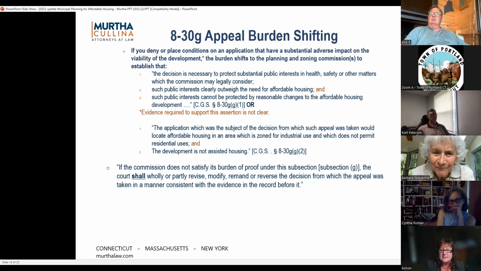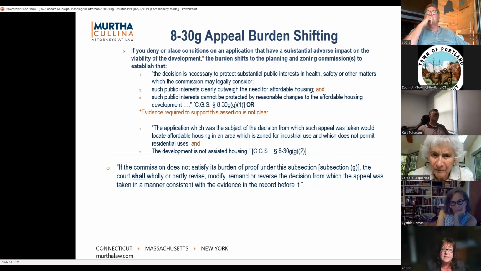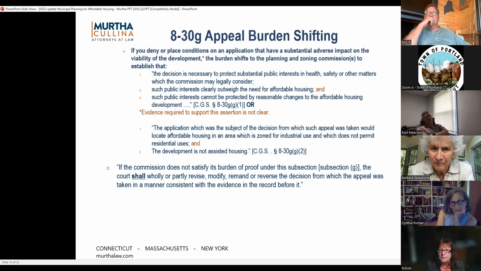So what happens? Let's say somebody comes in with an affordable housing development and you deny it for whatever reason. The difference between this and a typical application that comes before you is that it's often the applicant's burden to prove that you didn't have a basis for your denial, right?